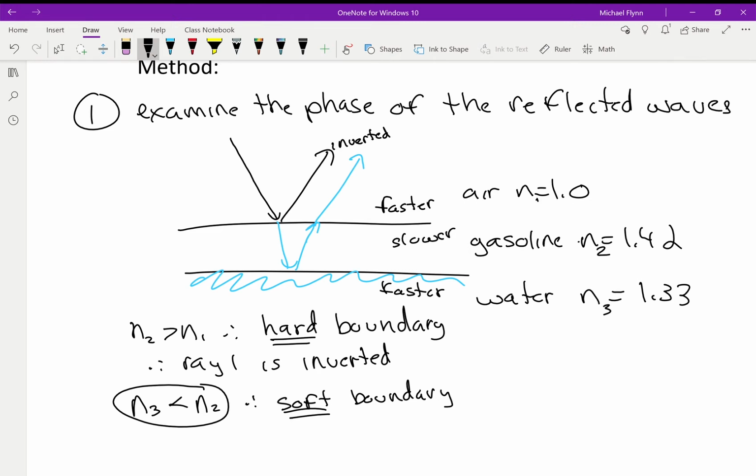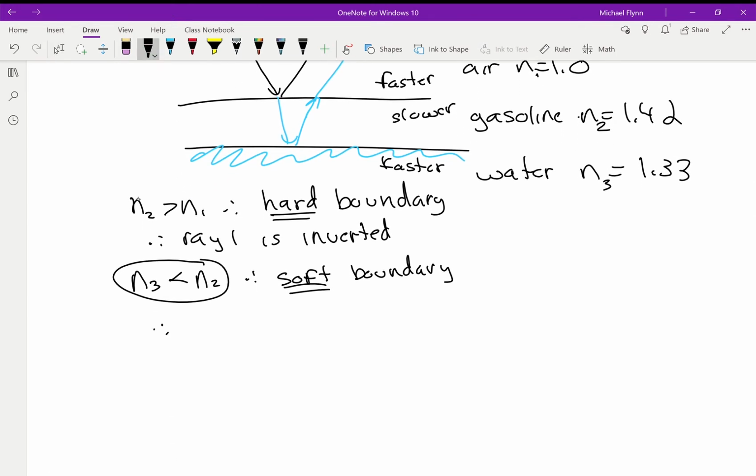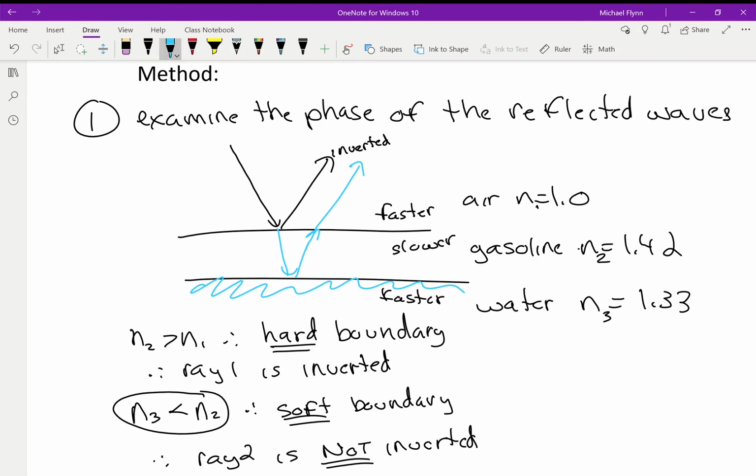Okay, that's like hitting a wall. But if you're bouncing off a faster one, that's a soft boundary, and you get no inversion. So ray number 2 is not inverted. Okay? So this one here, I'm going to use blue color, is not inverted.